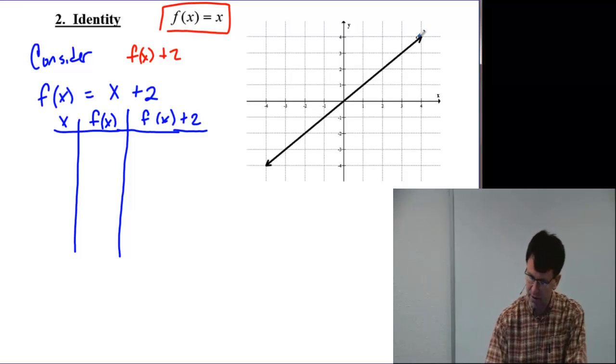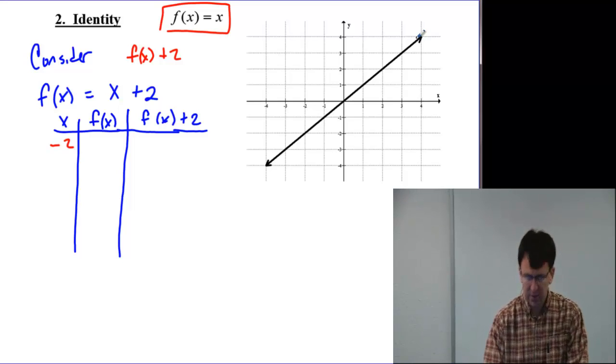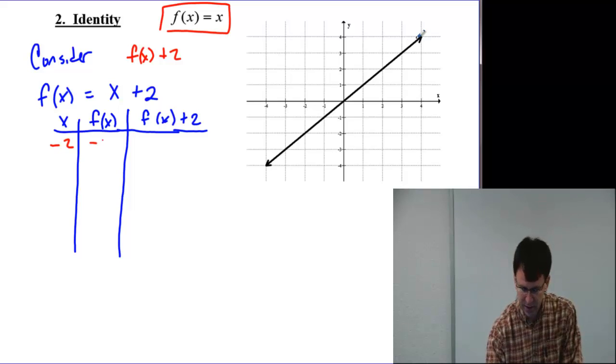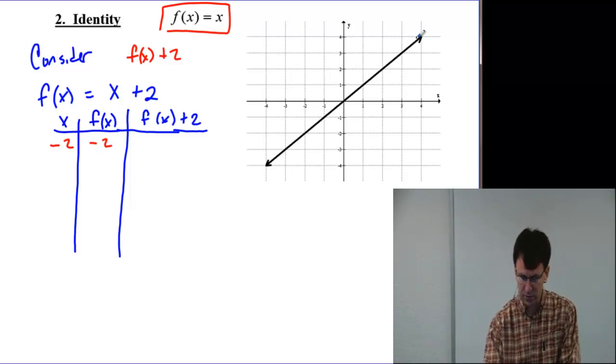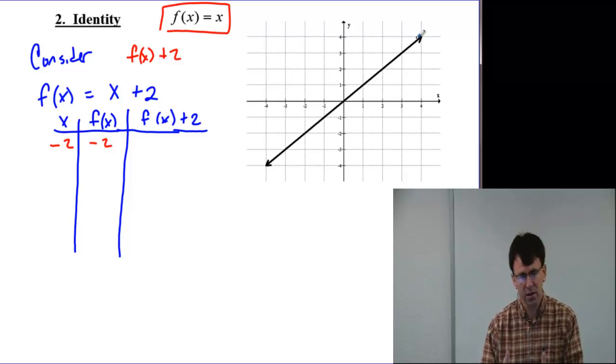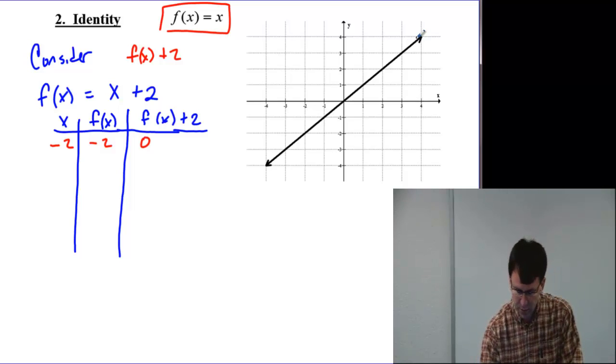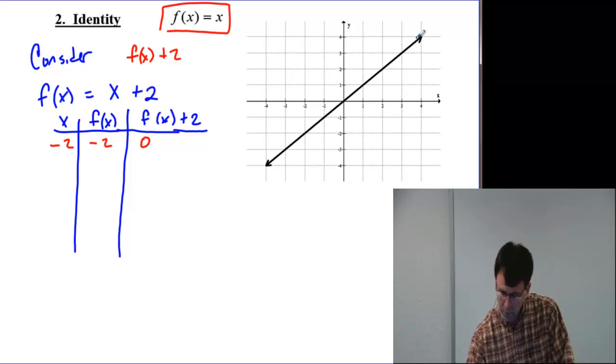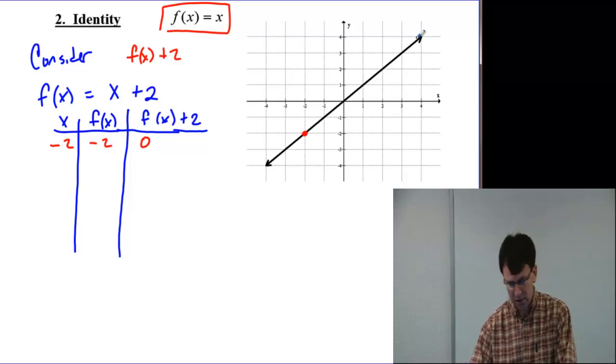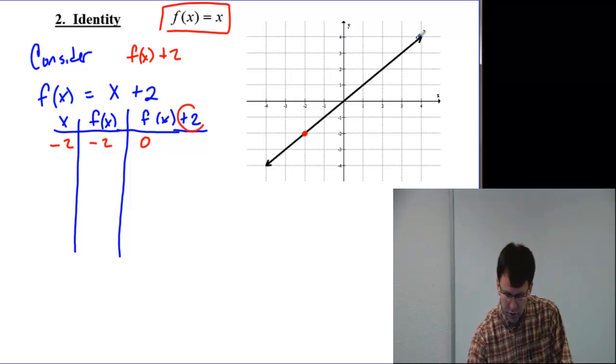Let's plug some numbers in and see what happens. If x is negative 2, f of x is going to give us back negative 2. Then if I take f of x and add 2 to it, you could say that I'm shifting this graph up 2 and it goes to 0. So where I was on the graph, f of negative 2 created a negative 2, but I'm going to do an upward shift, taking it up to here.